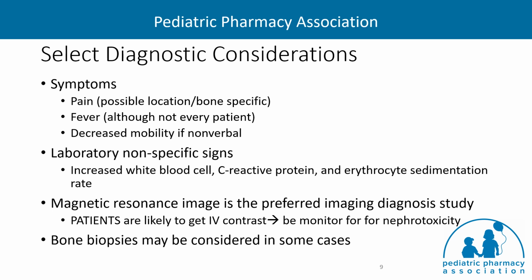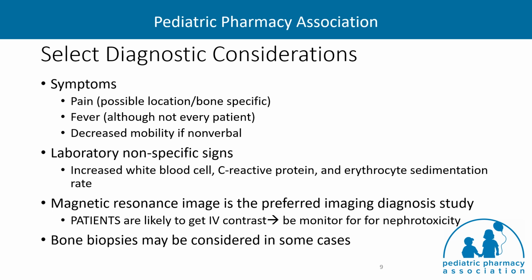Now, in terms of diagnostic considerations, I'm going to go through it pretty quickly, just so that you understand what goes into saying a patient has osteomyelitis or septic arthritis. Typically, they present with some kind of pain. They may be able to say, hey, my bone hurts in this area, or my knee hurts, but you may or may not actually see anything in that area.